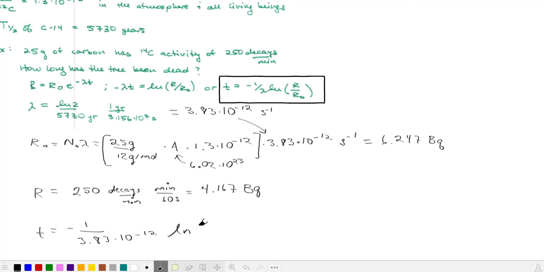Times the log of R over R naught. My Becquerel units cancel, so I won't write those down. Okay, I'm going to plug this into my calculator now. When I plug all that in, I get 105.7 times 10 to the 9 seconds, and I divide that by 3.156 times 10 to the 7 seconds per year, and I get 3,350 years.